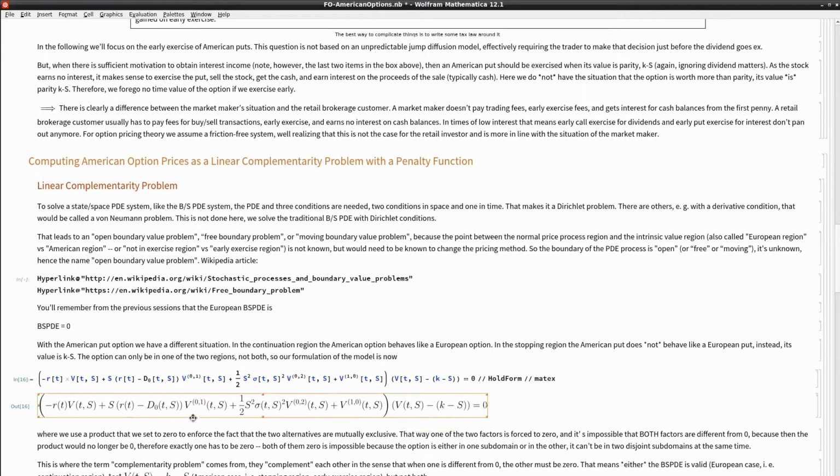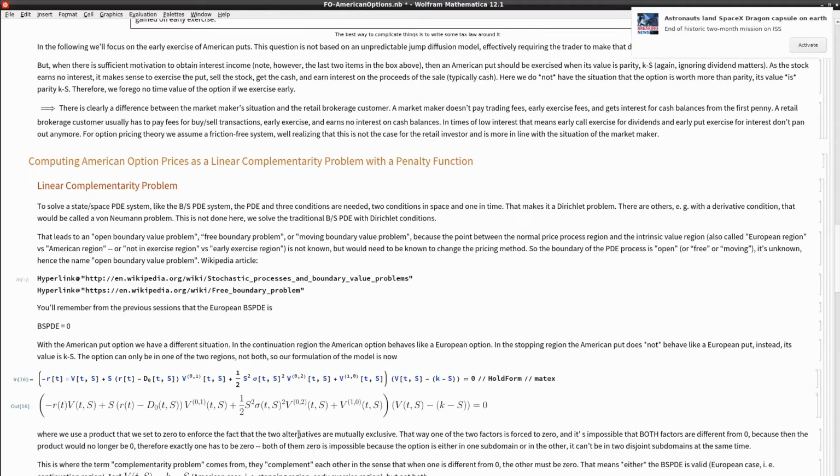We are setting it to 0. So in order to have a product of two differences be equal to 0, it must be the case that one of the two factors is 0. We cannot have both factors be non-zero, because then their product would no longer be 0. We use a product that we set to 0 to enforce the fact that the two alternatives are mutually exclusive.